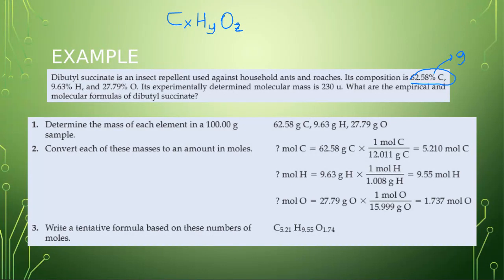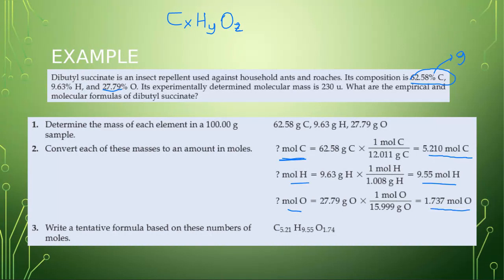Then for the carbon atom, to find the moles of carbon, the percentage is divided by the carbon atomic mass. For the hydrogen, you divide by the hydrogen atomic mass. And for the oxygen, the same thing: this is the mass, and you divide by the oxygen atomic mass.